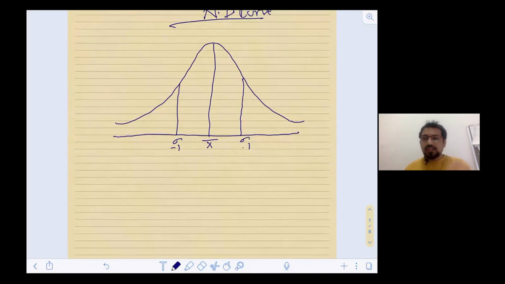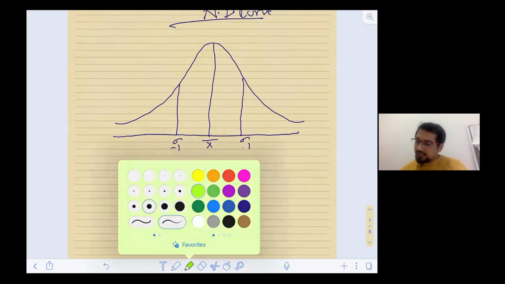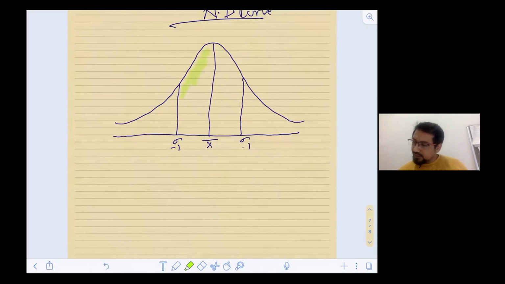Now, my next point, what they discovered. They said that the area that gets covered under one standard deviation is actually 68%. According to some 68.26%, some 68.36%. That's the difference of opinions, but again approximately 68%.